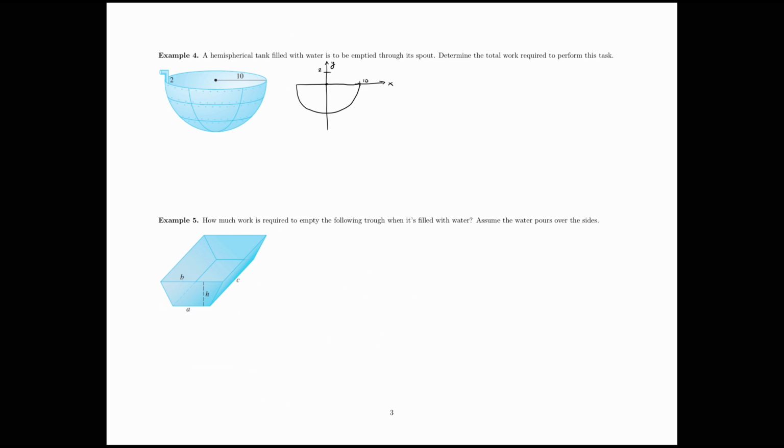So what we're going to do is consider a slab of water at some y value, y. Now, what we want to know is, what's the area of this cross-sectional slab of water?